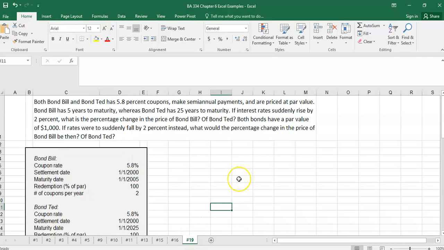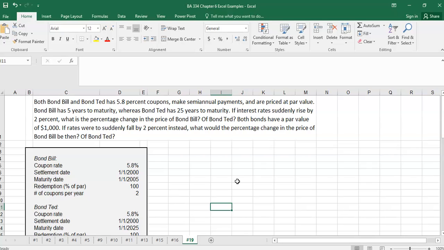This last example is asking us to compare two bonds. So they both have 5.8% coupons, they both make semi-annual payments, and they are both priced at par value. Bond Bill has 5 years to maturity, and Bond Ted has 25 years to maturity.